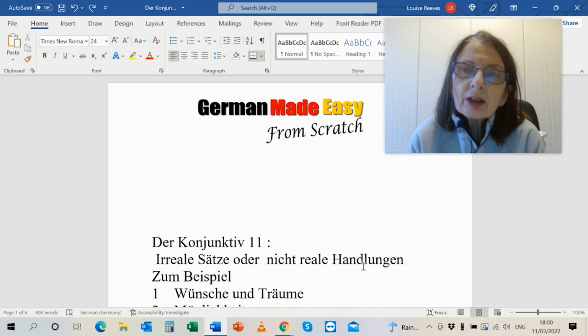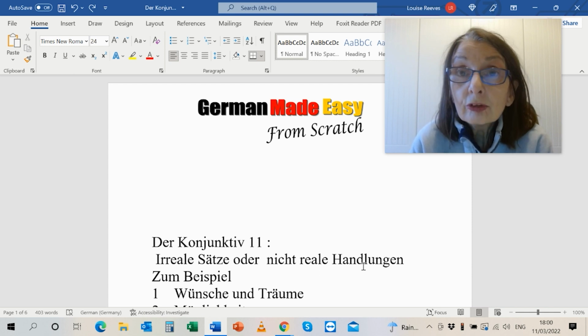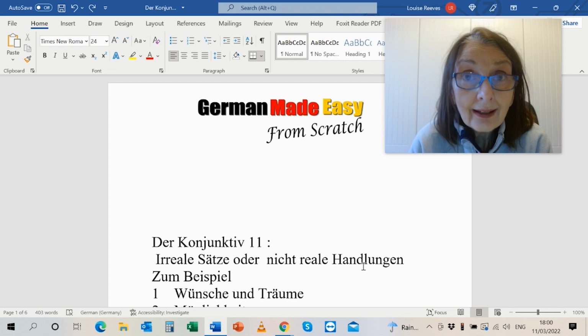Aber ja, man benutzt sehr oft in der Umgangssprache den Konjunktiv 2. Und es ist ja sehr, sehr wichtig, dass man den Konjunktiv 2 lernt. So, heute werden wir den Konjunktiv 2 lernen, ohne Problem.